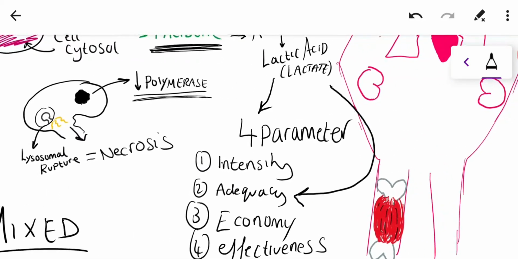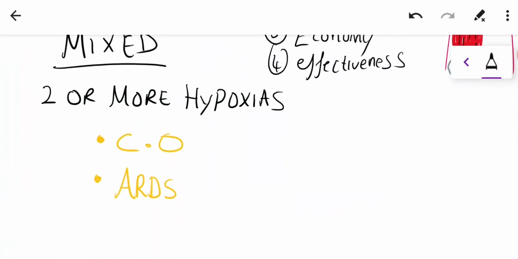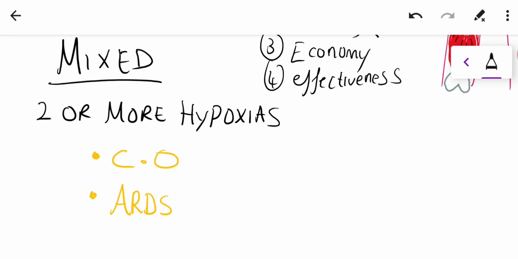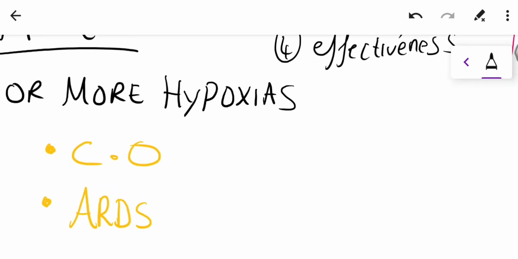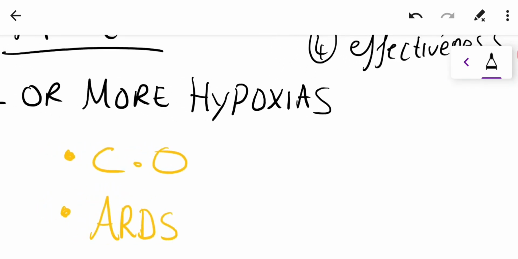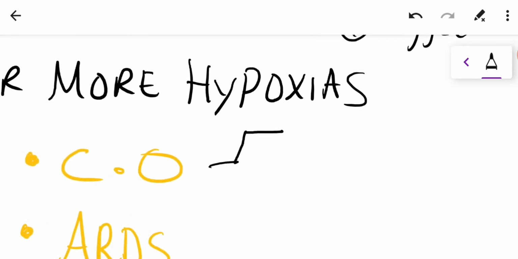Next, let's go to mixed. Mixed is basically when you have multiple hypoxias occurring. So with carbon monoxide, off the top of my head, this is like hemic hypoxia, and what else?